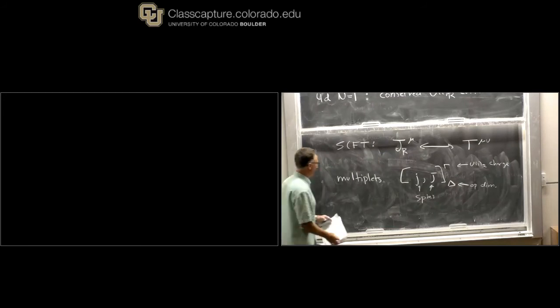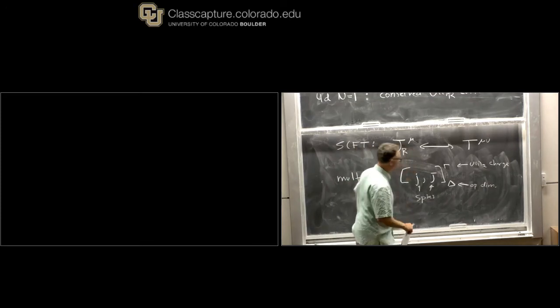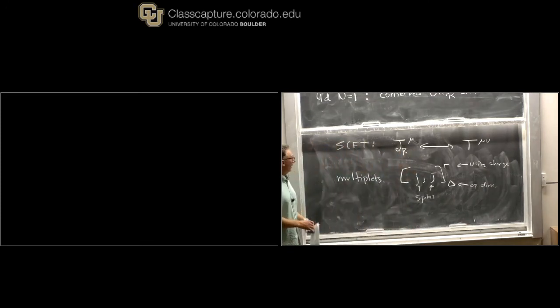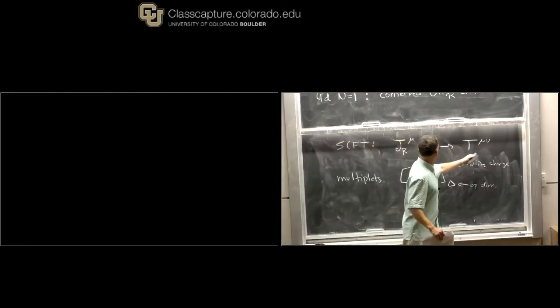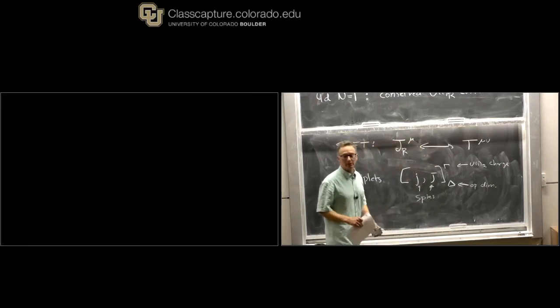When the unitarity bounds are saturated, these multiplets have some null operators, and so we say that they're short multiplets. For instance, the stress tensor is in a short multiplet. Anything that has a conservation law is in a short multiplet. Because the stress tensor is conserved and the R symmetry is conserved, this is in a short multiplet.